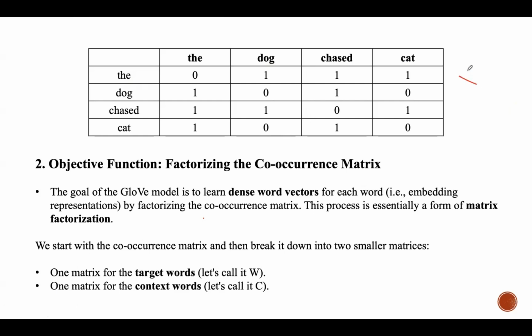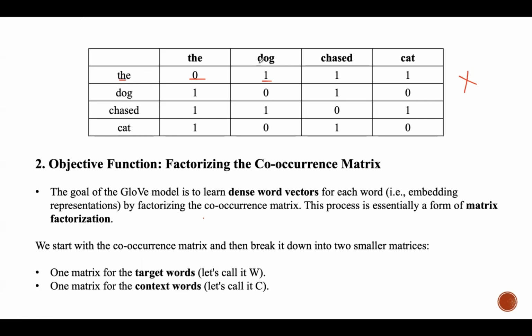Let it be X. This matrix tracks how often each word appears in the context of every word in the corpus. The rows in this matrix represent words in the vocabulary, and the columns represent context words, that is, the words that appear near the target word. The values within the matrix represent how often the target word and the context word appear together. For example, in the given sentence, the co-occurrence of the with the words dog, chased, and cat would be recorded here.